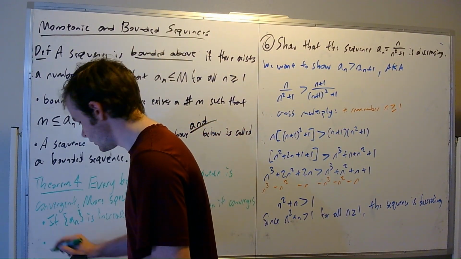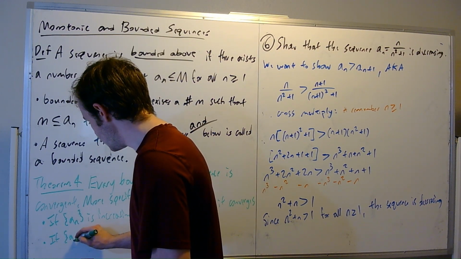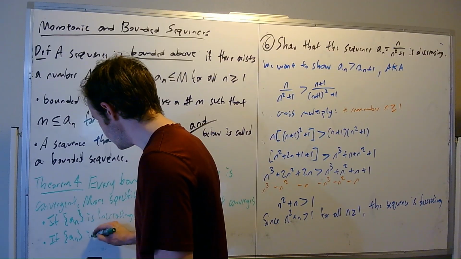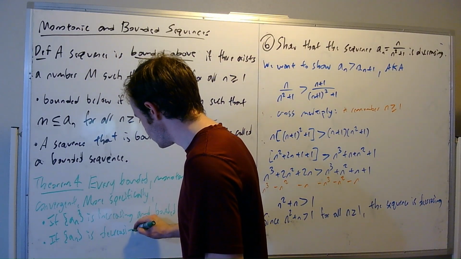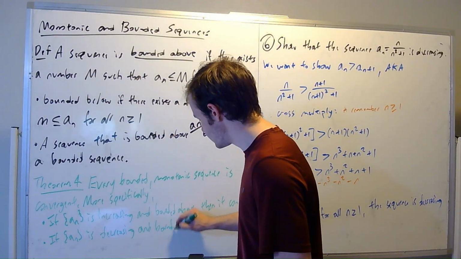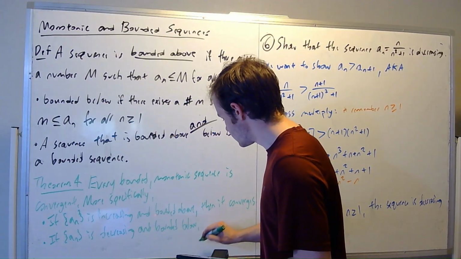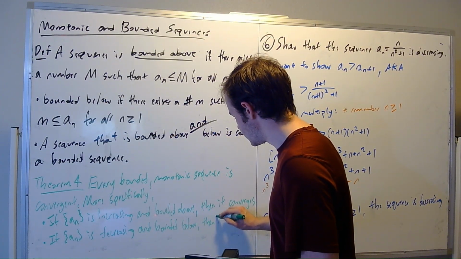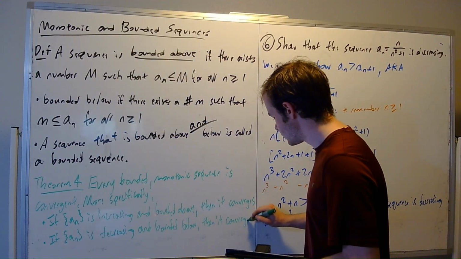And second thing here, if a_n is decreasing and bounded below, then it converges.